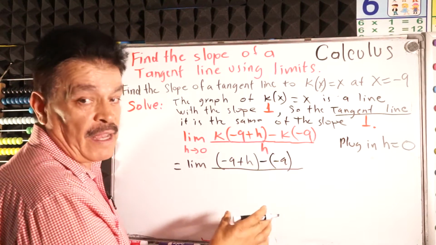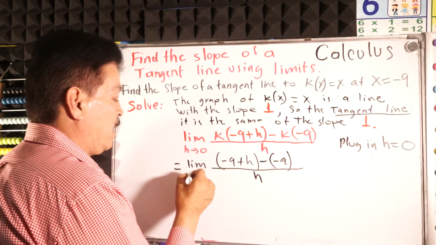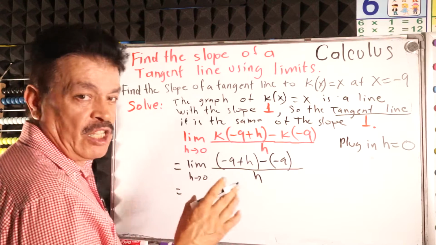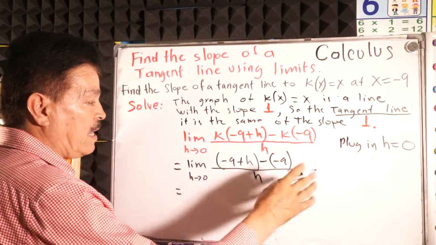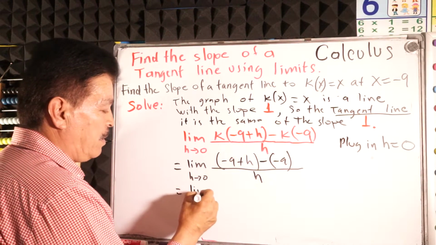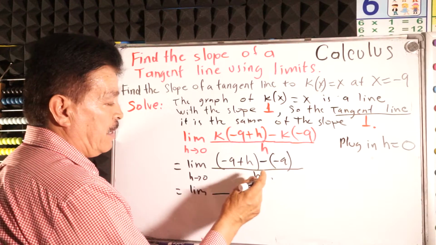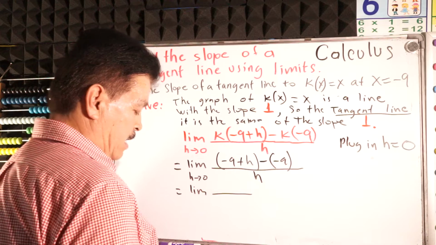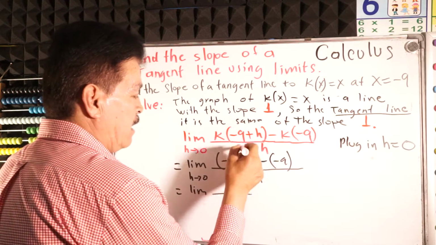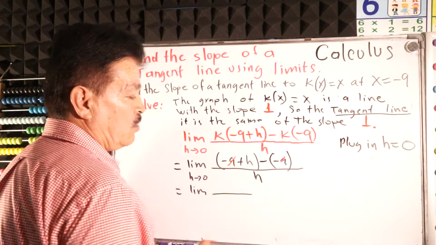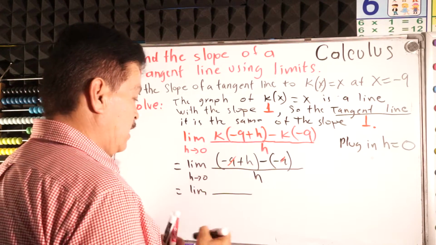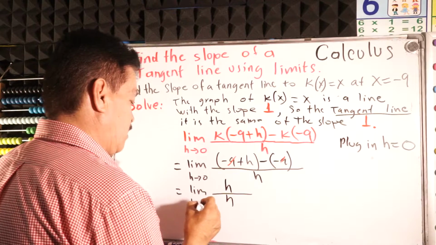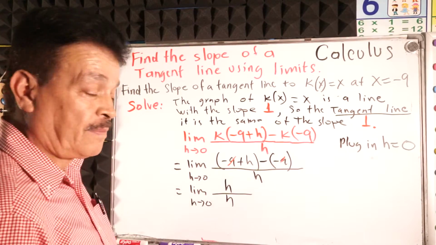So I'm simplifying the formula when h approaches 0. The next step is very simple. Just cancel the 9s, because this is negative and that changes to positive, and you will have h divided by h when h approaches 0.